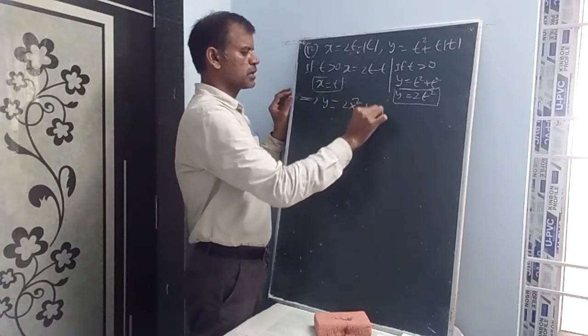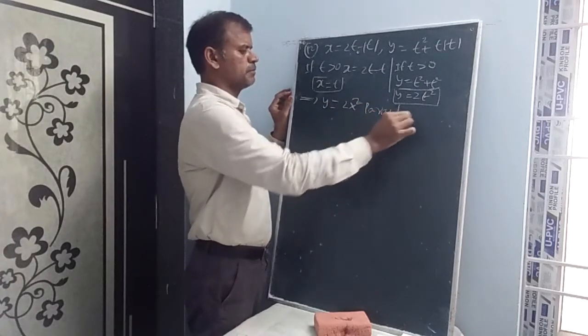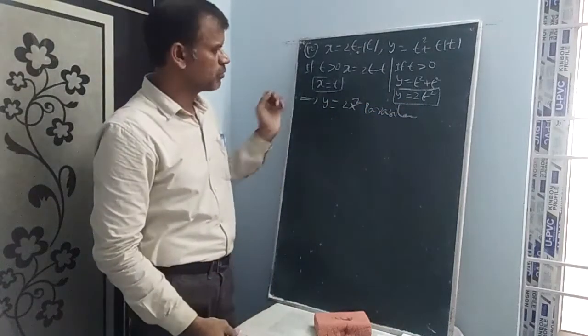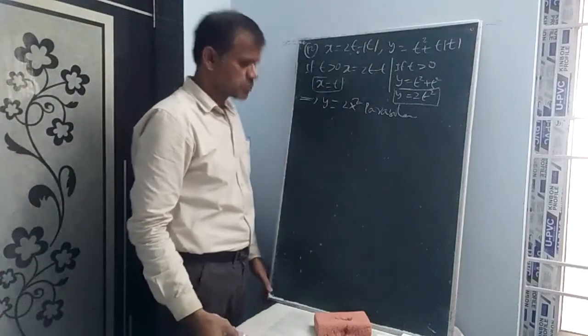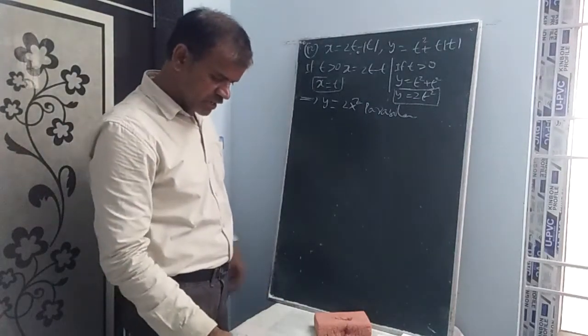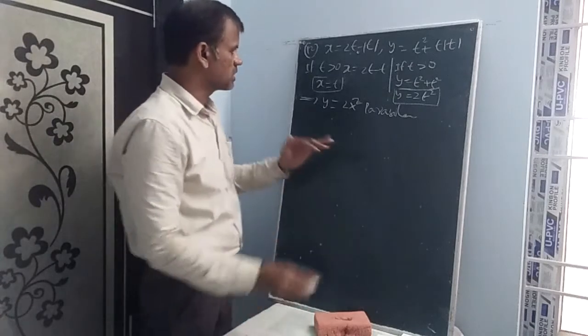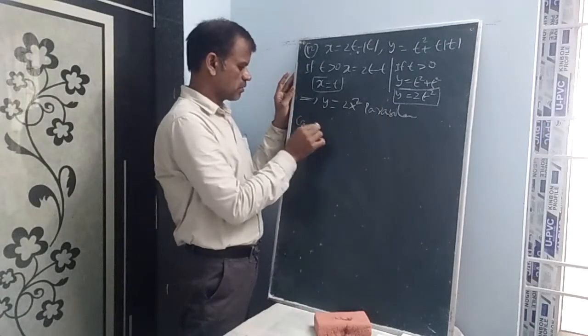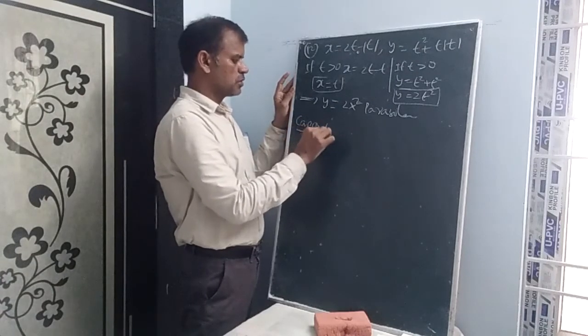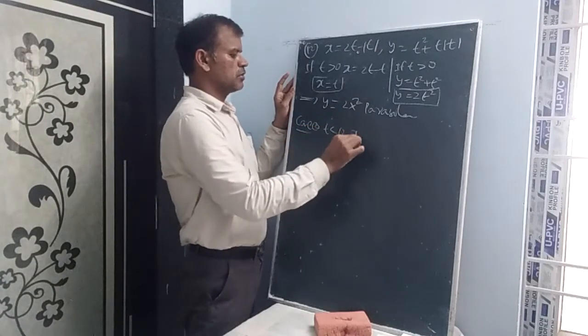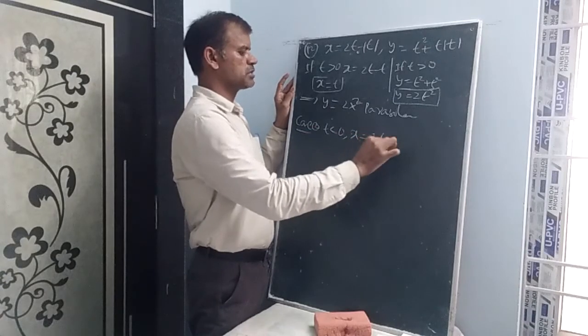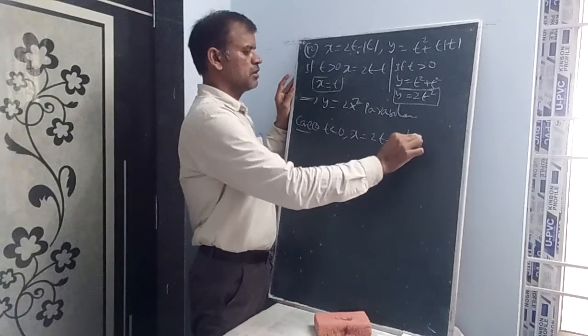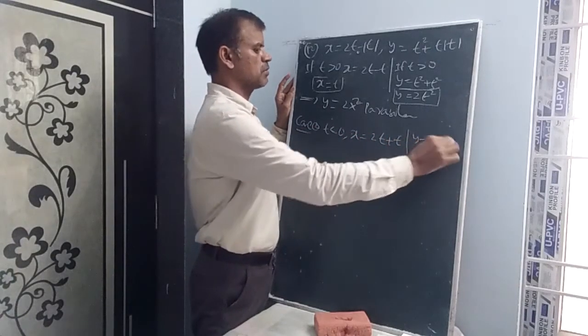y equal to 2x square is a parabola. Without lifting the pen, we can draw y equal to 2x square, a parabola. So it is continuous and differentiable. Okay. Next, case 2. This is case 1. Case 2: if t less than 0, x is equal to 2t minus of minus becomes plus t, and y is equal to t square minus t square.